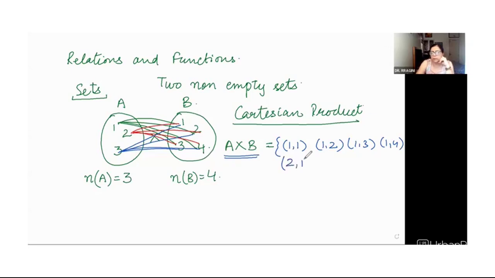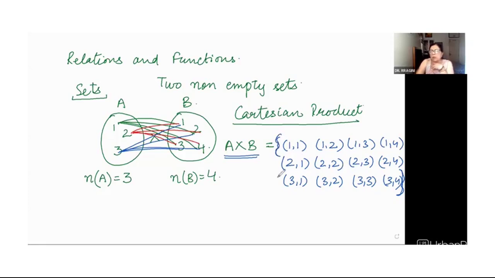So, we write (2,1), (2,2), (2,3), and (2,4). The last we have (3,1), (3,2), (3,3), (3,4). Now the set is closed, right? This was the set which contains these elements.